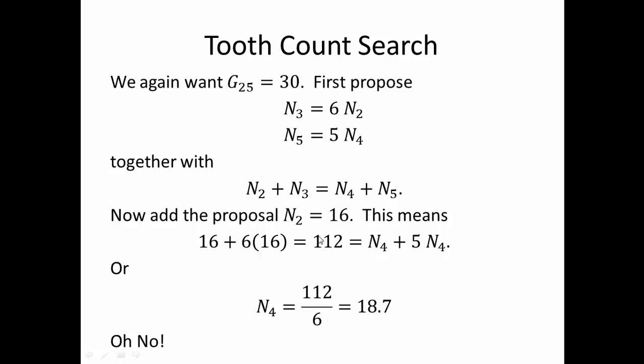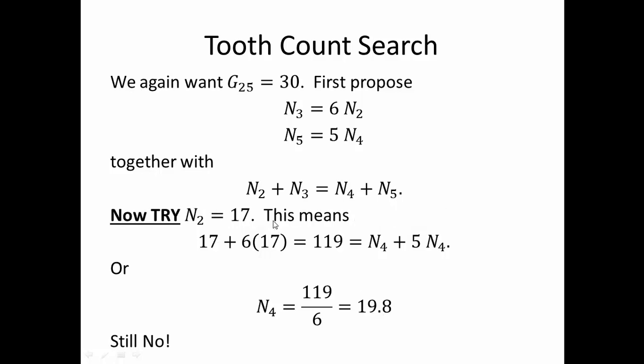So the sum of gear teeth would be 112, and that would be N4 plus N5, which is 5 times N4 plus N4. So if I solve for N4 from that equation, I'm going to get 112 divided by 6, and that's going to be 18.7. Oh no, we've got a fractional tooth count, so that's not going to work.